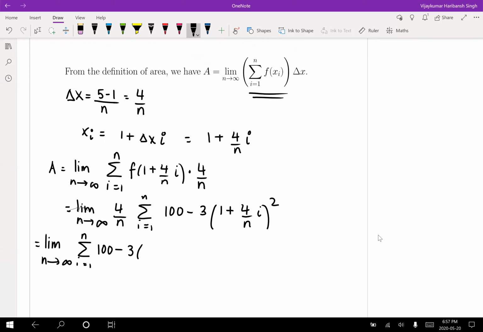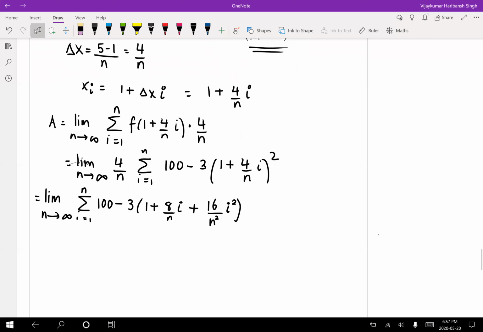So 3 times (1 plus ...), where (a plus b) the whole square is a square plus 2ab plus b square, which is going to be 8 by n i plus 16 by n square times i square. And now I'll simplify this a bit. We forgot about 4 by n, let's keep that 4 by n here.